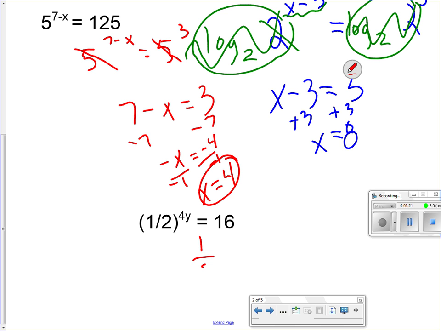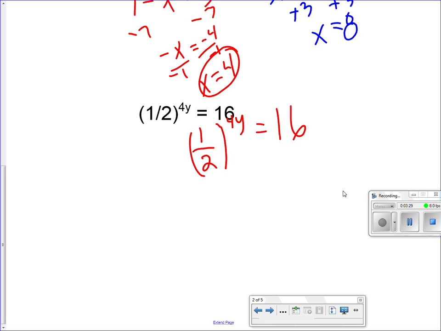This is 1/2 to the 4y equals 16. So the smaller of the 2 bases is 1/2. So I'm going to ask myself, how can I rewrite 16 as 1/2 to some power? Well, I'm going to think about 2. 2 to what power makes 16? 2 to the 4th power. But the 2 is in the denominator, so I'm going to use my negative exponent property.